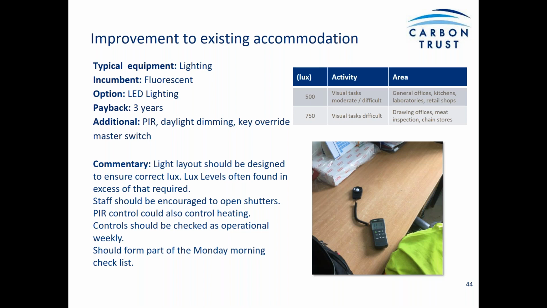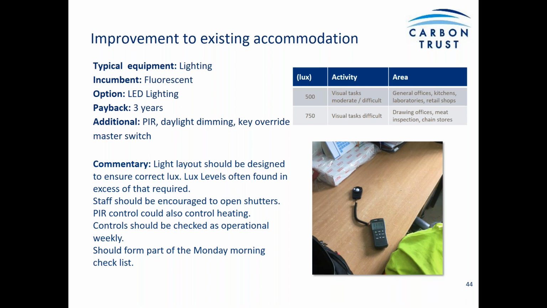What we did find is that the lux levels are often higher than what they should be. So the accommodation is often overlit, and as a result, you're going to be paying for that. So a simple bit of lighting design work would reduce that.